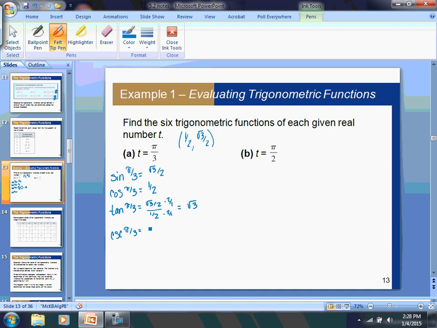You could do 1 over square root 3 over 2, but then you have to multiply by the reciprocal, so I have to multiply top and bottom by 2 over the square root of 3. So I get 2 over the square root of 3, which is the reciprocal of the sine value anyway. But then I still have to rationalize this, so I have to multiply by the square root of 3. So I get 2 square root 3 all over 3.